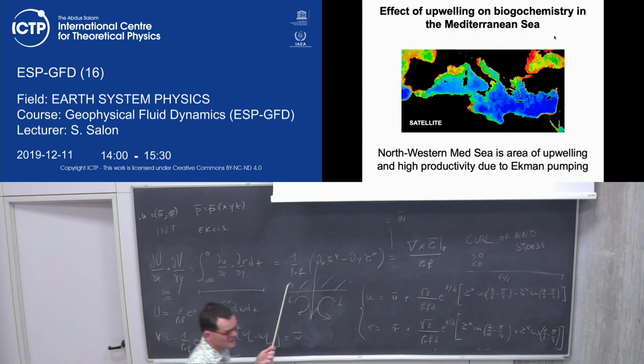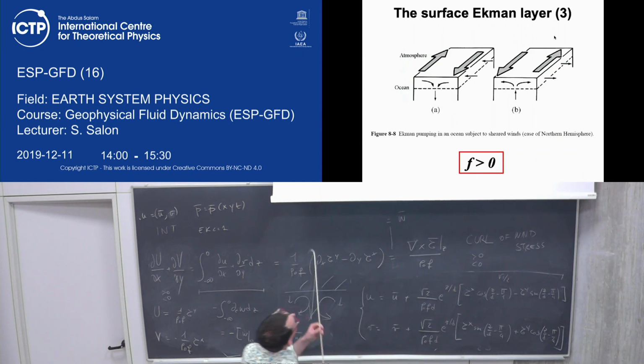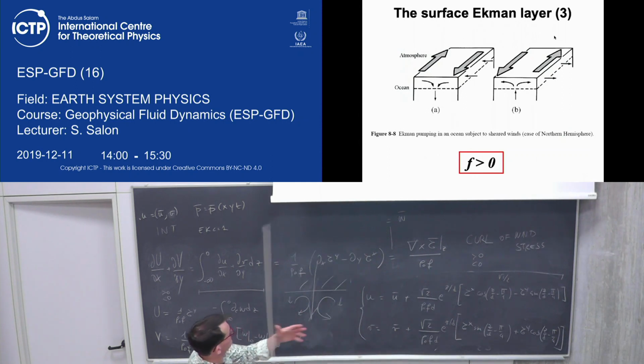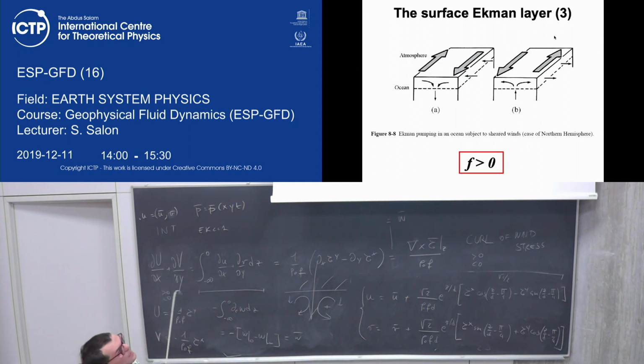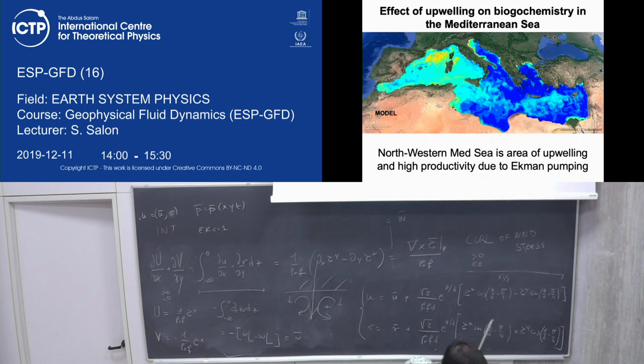So when we have the shear which has this direction, so here we will have upwelling, okay? Actually, this is the picture of a model. So again, you can see the same effect in the northwestern Mediterranean.